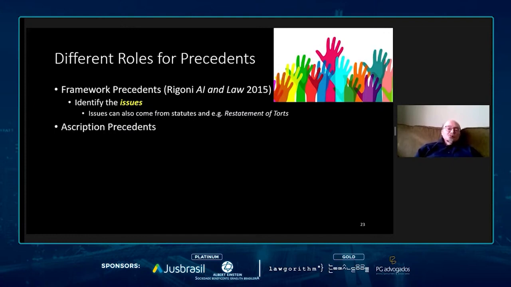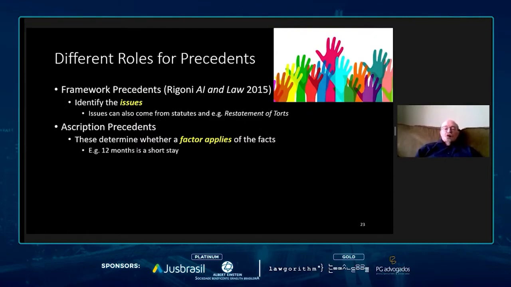Then there are restriction factors, and these determine whether a factor applies on the facts. For example, 12 months is a short stay, 3 years is a long stay. And we can use either the result model or the reason model for factor restriction.